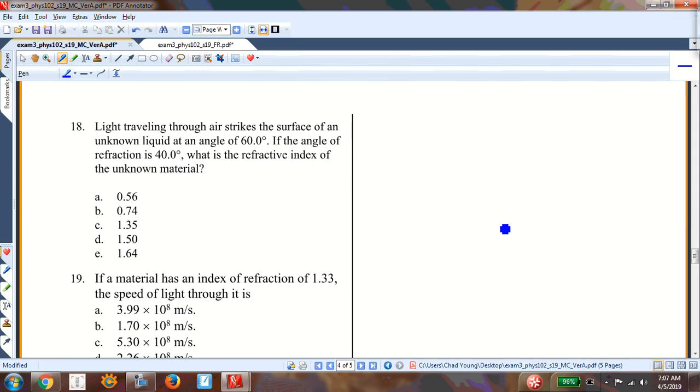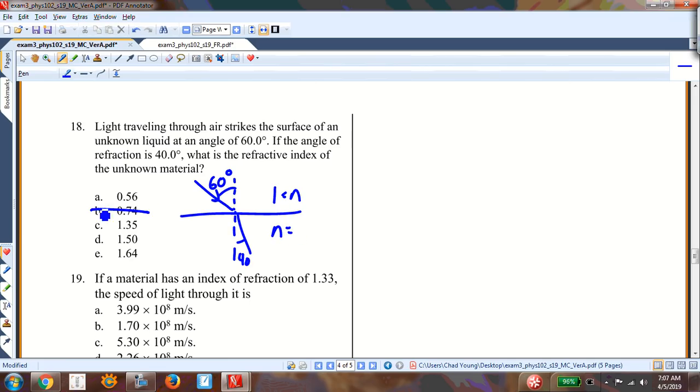Light traveling through air strikes the surface of an unknown liquid at an angle of 60 degrees. So I have air with an index of 1, 60 degrees. If the angle of refraction is 40 degrees, then what is this n?